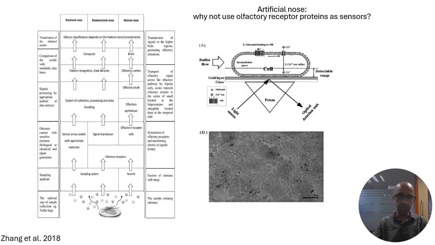So you can either have olfactory receptor neurons being put in a petri dish, or you can have bacterial cells or yeast cells in which you've expressed these olfactory receptor proteins, right? And the second messenger cascade, such that when the odor binds the olfactory receptor protein, it leads to calcium influx, and that calcium influx can be imaged using calcium sensitive dyes.